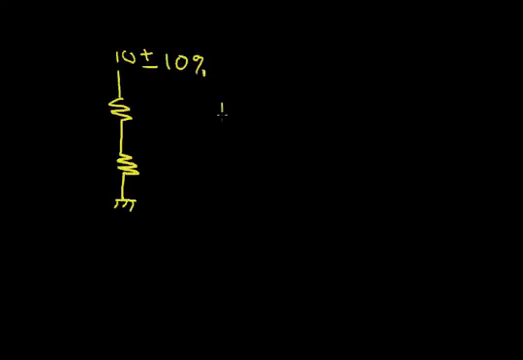Now we know that the power is equal to the current times voltage. So the maximum power will be under the condition of maximum voltage. So let's put 11 volts here. So we'll say the voltage is on the high side. And to make the current maximum, to maximize the power, the resistance will be at the minimum.